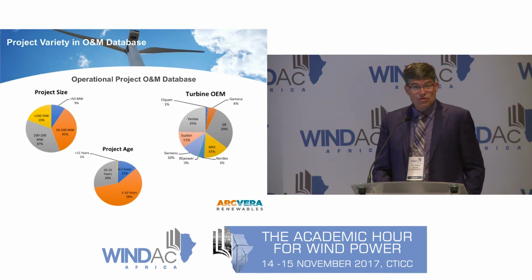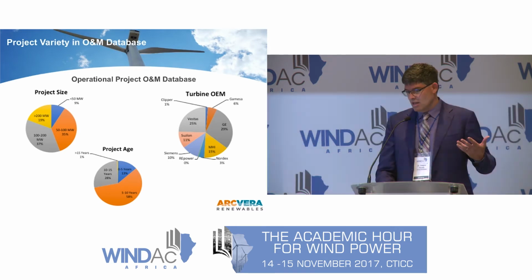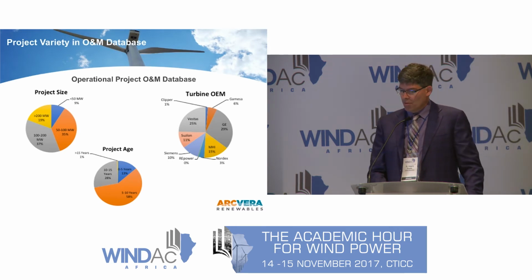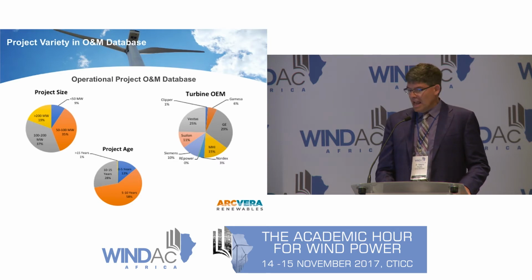With respect to the operational database, then, we have project sizes, again, that vary quite a bit, but are mainly 50, 100 to 200, or over 200 megawatts in size. Recognizing the current limits here are 140 megawatts, you may want to concentrate a little bit on the 100 to 200 range. We do have one graphic that's specific to that. Project ages are shown.